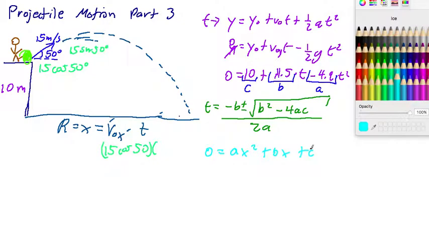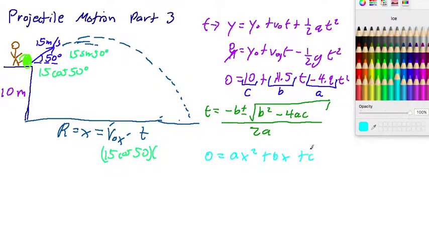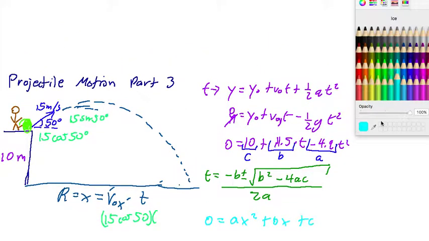So now after you plug that in, I end up having values of t equals negative 0.675 seconds and 3.02 seconds. Now you may be wondering, what does this negative have to do with anything?